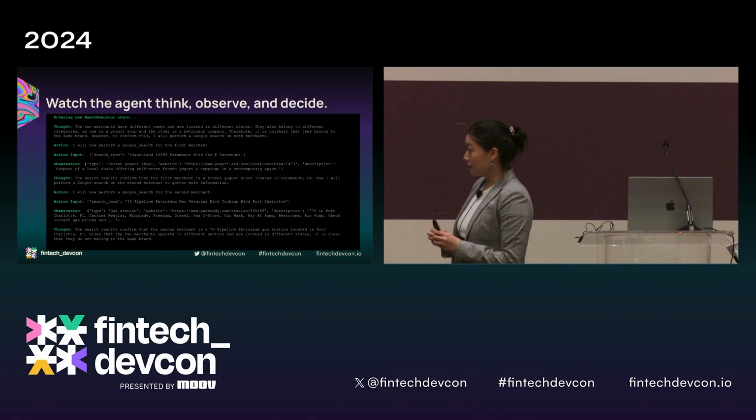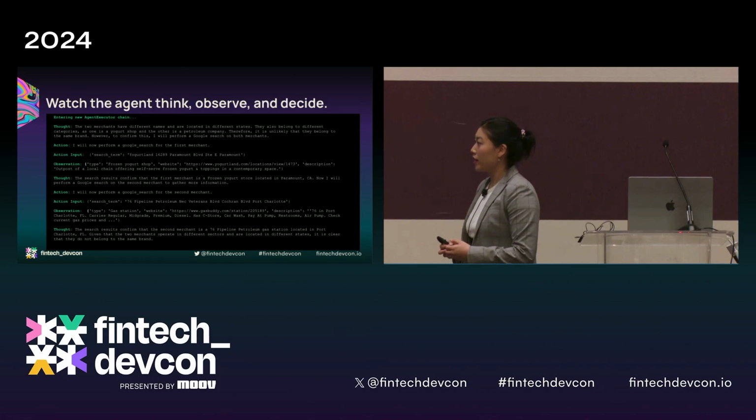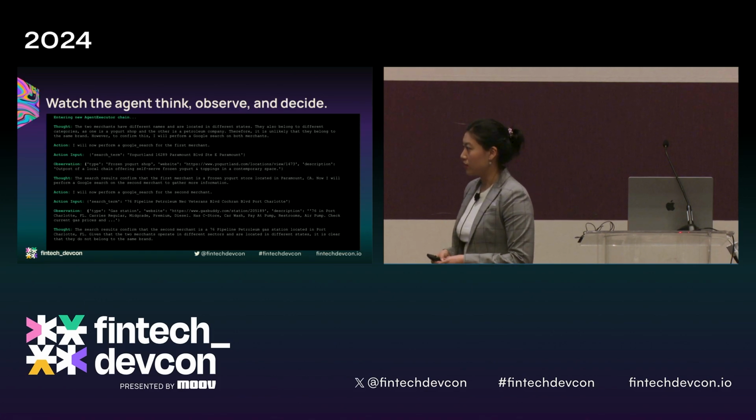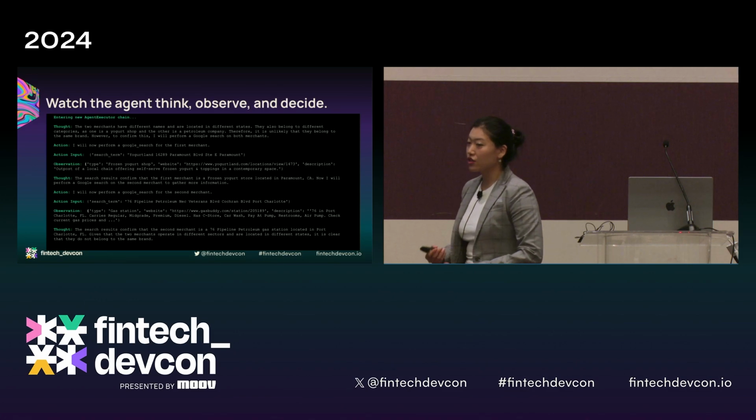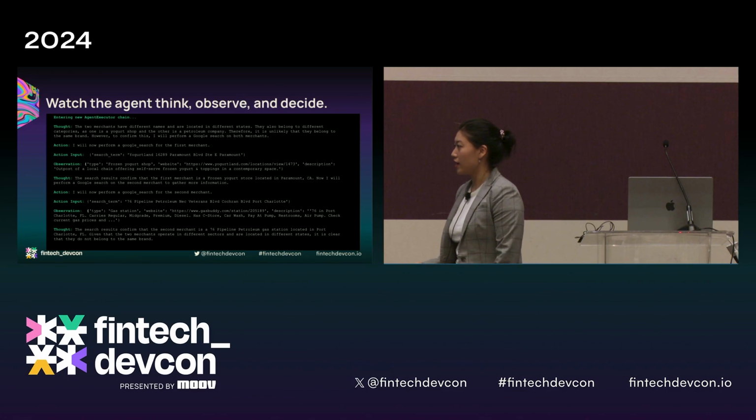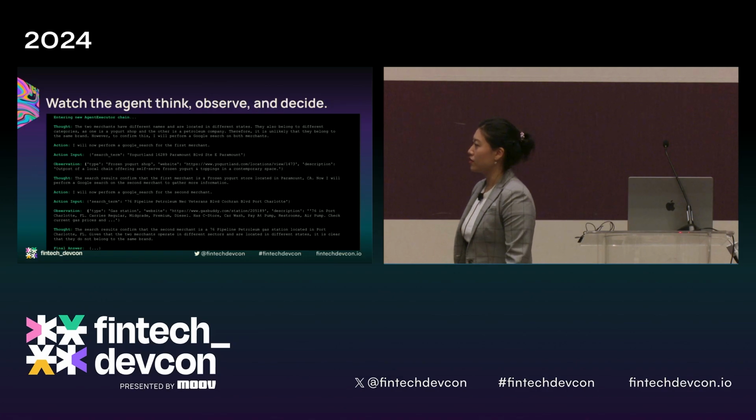So finally, it returned a thought saying, all right, I confirmed the second one is a petroleum gas station that's located in Port Charlotte, Florida. So given that the two merchants are in different sectors and located in different states, it is clear that they do not belong to the same brand. So it is confident, and it returns the final answer.